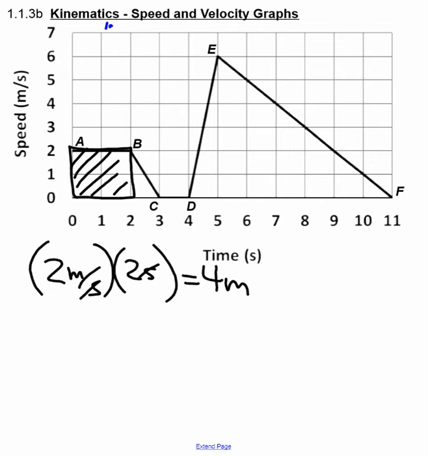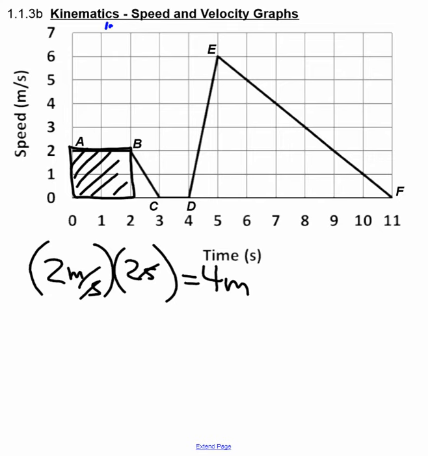So if we want to tally up the total distance traveled by this thing, we'd have 4. This is a triangle, so we would do base times height over 2. So 2 meters per second times 1 second over 2, which is 2 meters. Oh, sorry, 1 meter. So now we're up to 5 meters.